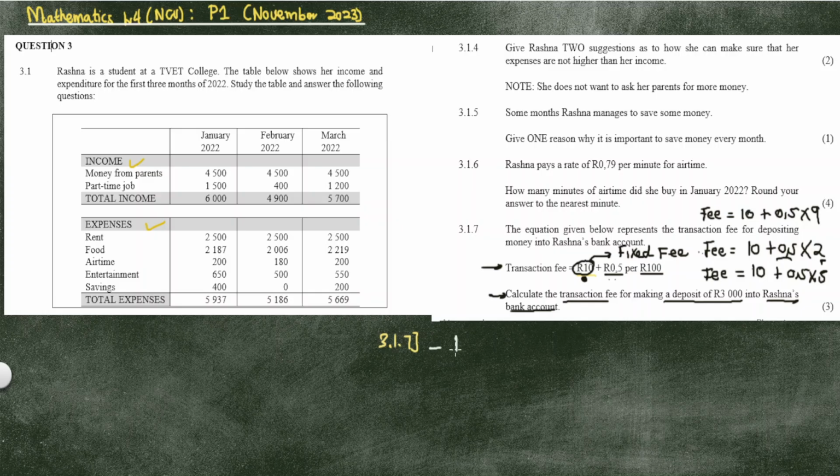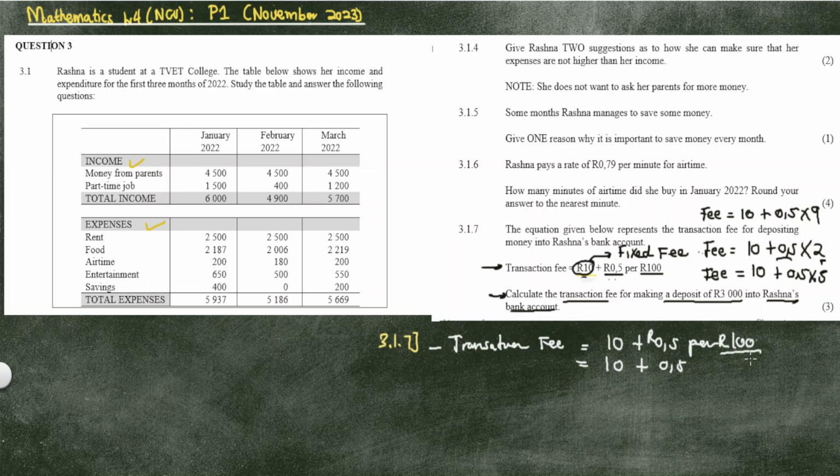So the transaction fee is equal to 10 rand, the first one, plus 0.5 per 100 rand. So we have this 10 rand plus 0.5.